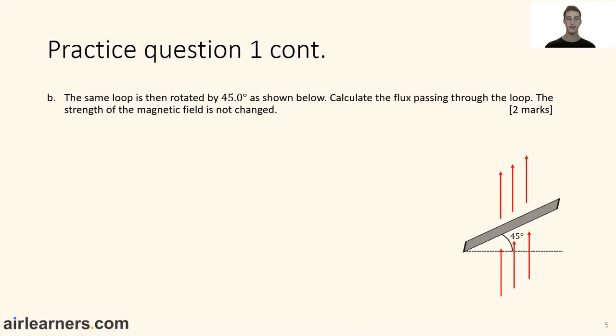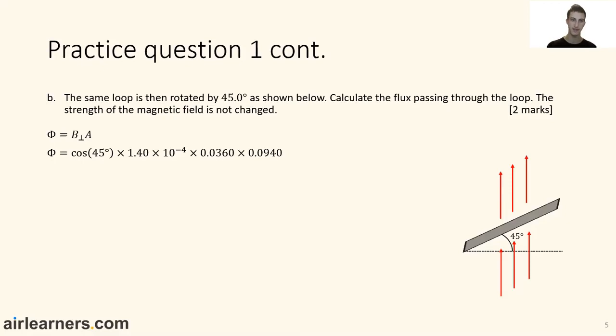All right, now that you've had a go at that question, what's the answer? Well, it's very, very similar in approach to the previous question, but with one slight change. Because we need to find that perpendicular value for either magnetic field or area, we have to multiply it by the cosine of 45 degrees, or 1 on root 2, or root 2 on 2.